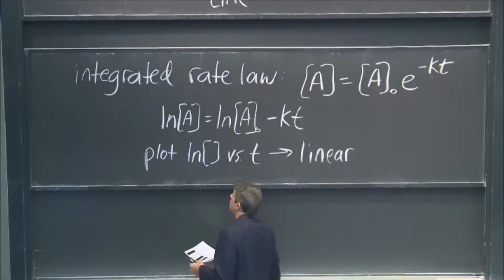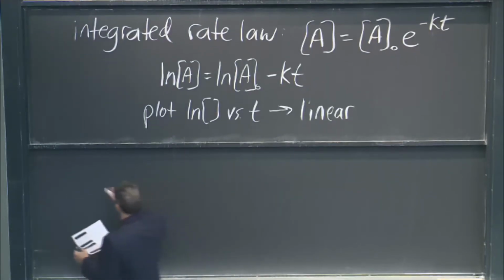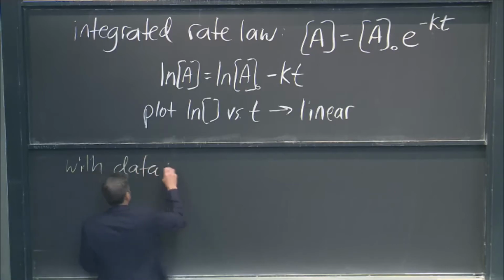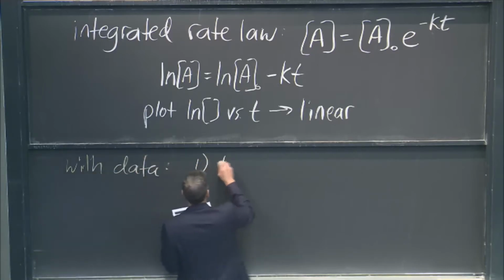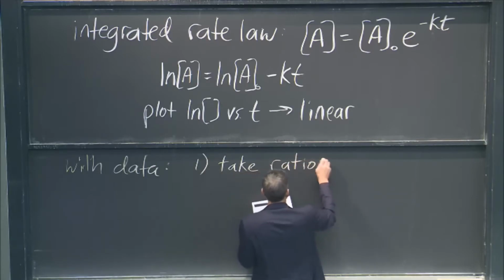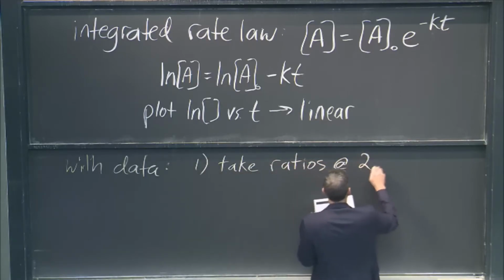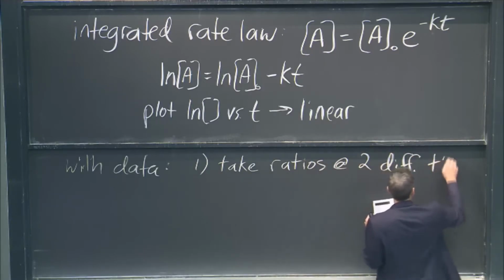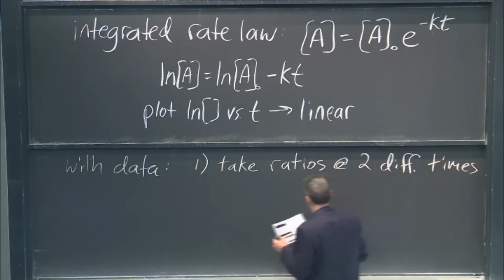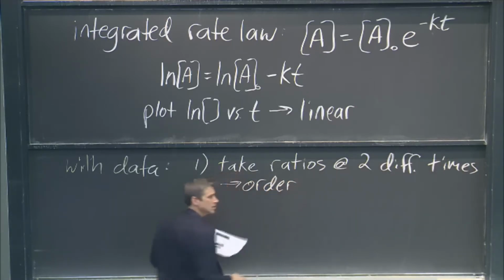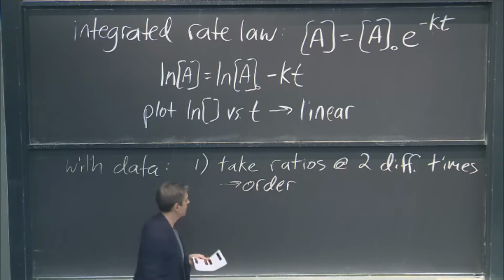So with data like that, you could take ratios at two different times. And what does that get you? It gets you the order. And we'll see another example.